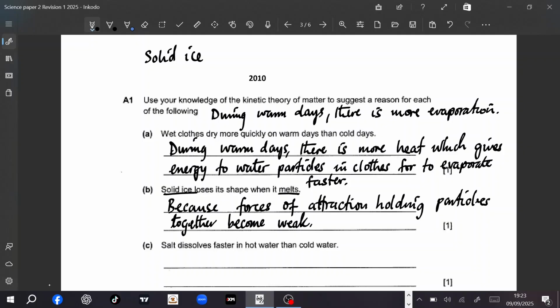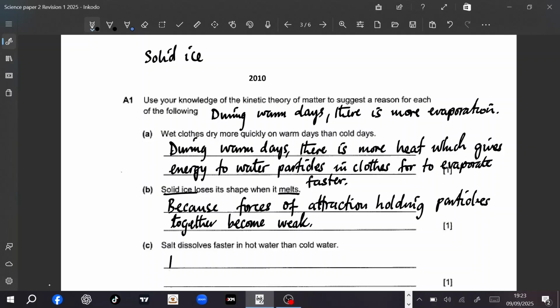Those particles move, and the forces holding particles become weak, and particles move faster. So salt can dissolve faster in hot water than in cold water. Why? Because in hot water, particles are able to move faster than in cold water.